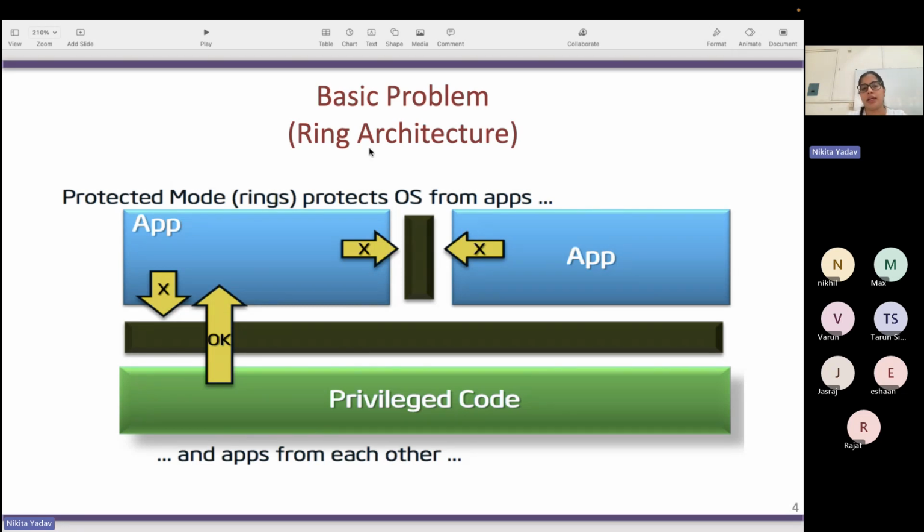level. These are different protection rings. When you run software in ring 0, that software will run as the privileged software.